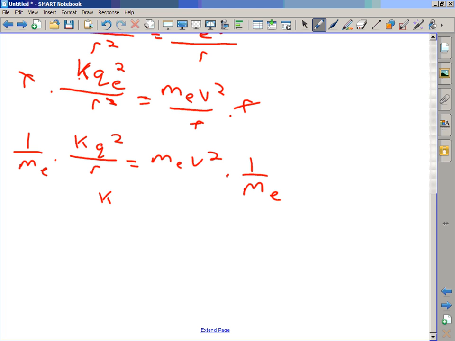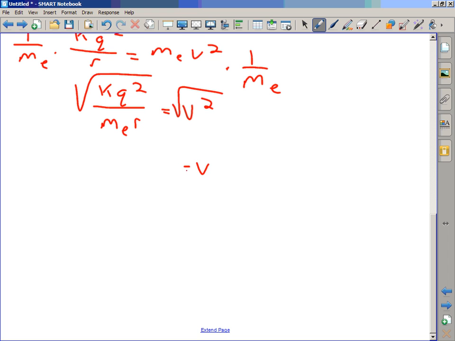That gives me k Q squared over m_e times R equals velocity squared, and then I take the square root of that entire thing. So the velocity equals the square root of k Q squared divided by m_e, the mass of the electron, times the radius.